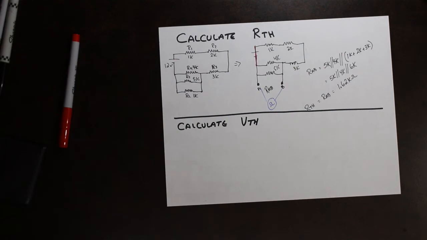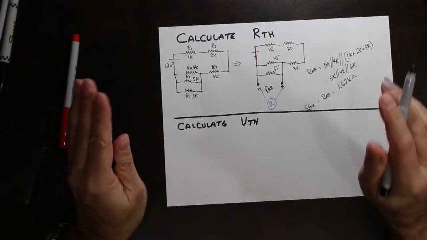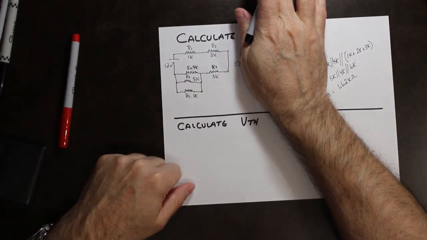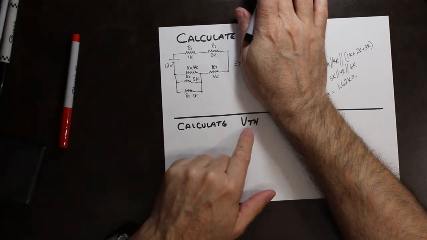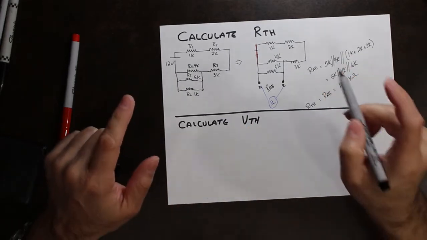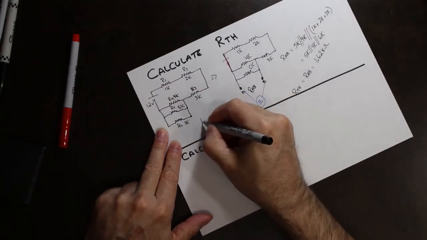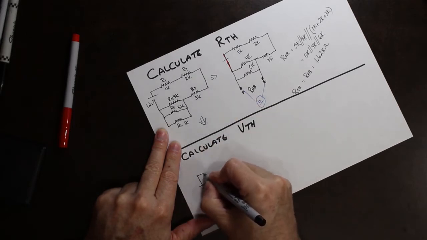So the first thing we need to do when we are doing V Thevenin is go back to the original circuit. And then we follow the procedure that we have for calculating V Thevenin. The first thing is remove RL, so remove the load. So again, from that circuit, I'm going down to this.